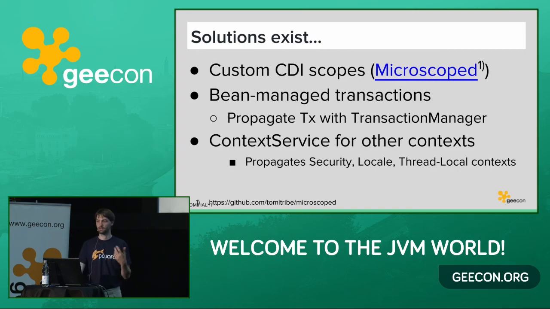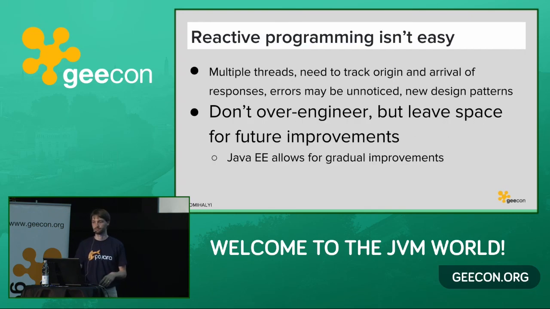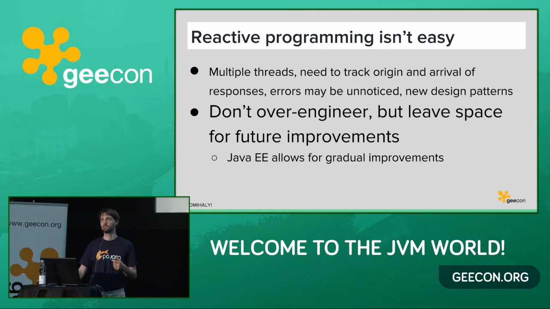You can use the Microscoped project, which is just a small CDI extension on GitHub, to define your own scopes that start when the request is started, but are not finalized when the method is finished, but when all the processing is finished. So you see, reactive programming is not so easy, and those are my final words.